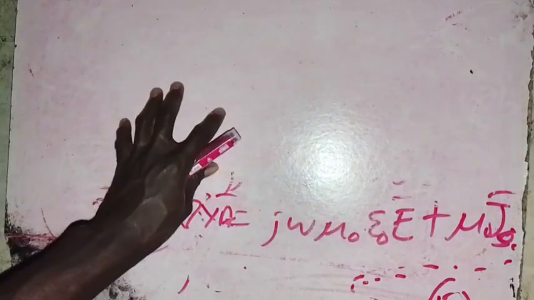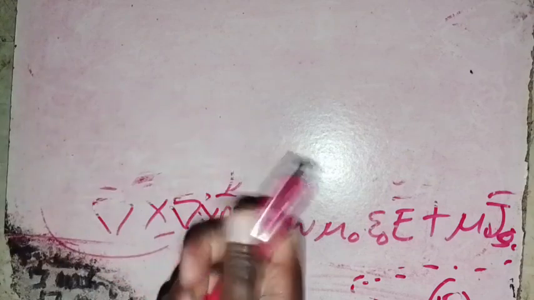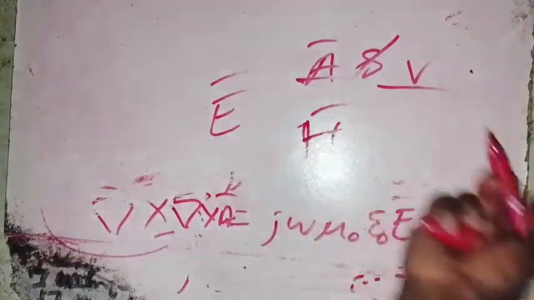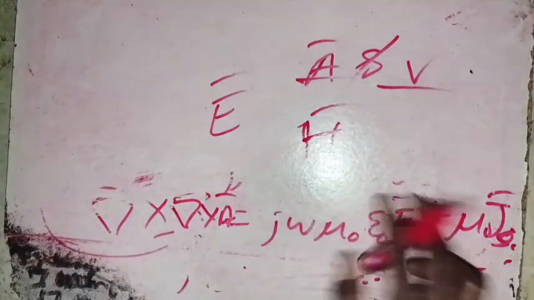Now, in case you are wondering, where are we heading with all these equations? We are trying to arrive at a particular equation where it will be easy to solve for A and V. Right? And when we solve for these, they will now solve for the electric and then the magnetic field. That's what we are trying to arrive at, a simple equation.